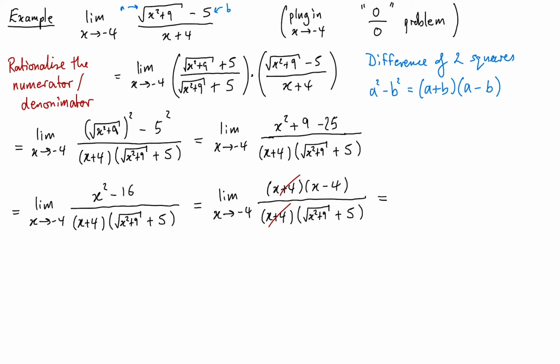Now I'm just going to plug in negative 4 to the other parts. First, a little mental check that I'm not getting another 0 over 0 problem, but it's looking good because that's negative 8. And this thing is 16 plus 9, so that's 25, square root, plus 5, we're getting 10. So that's very nice.